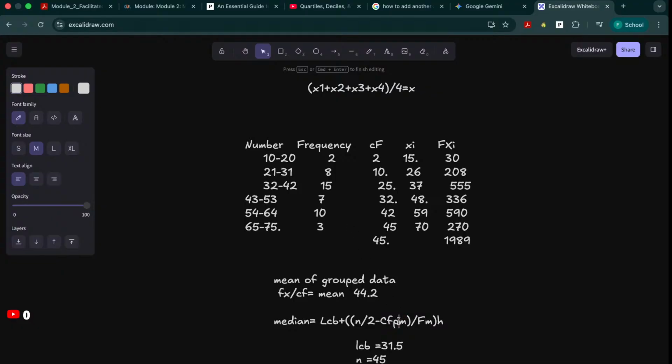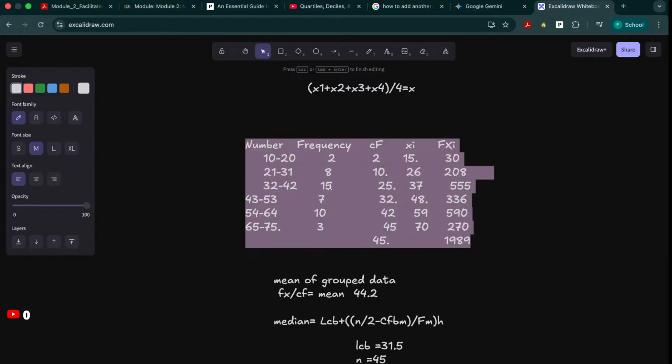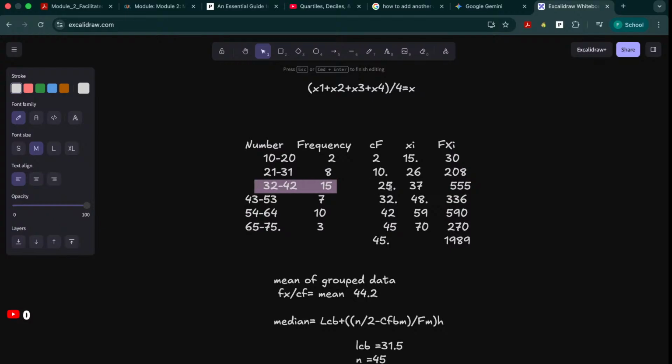So after we selected this, to get the cumulative frequency before the median, this is the number 10.